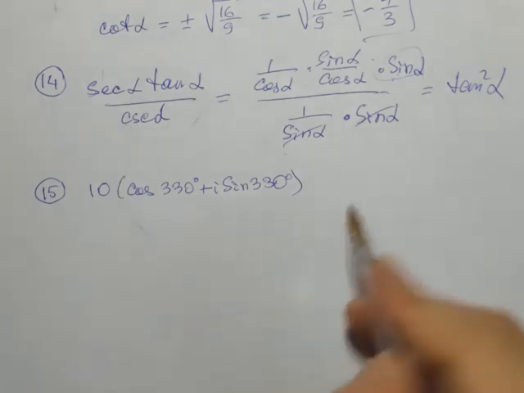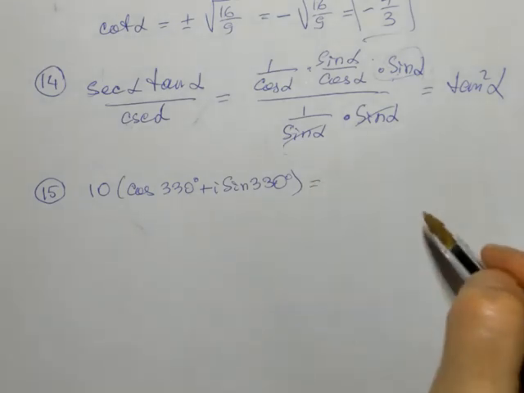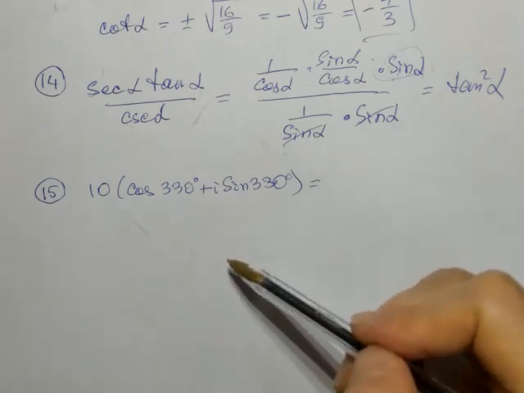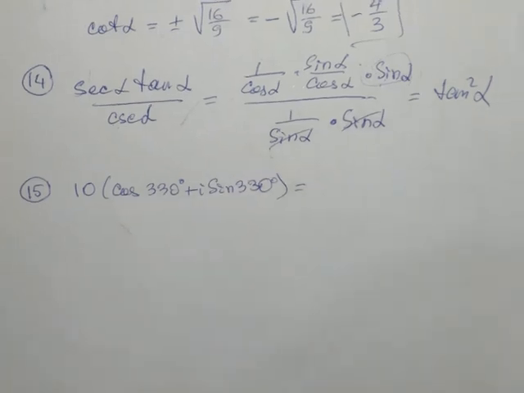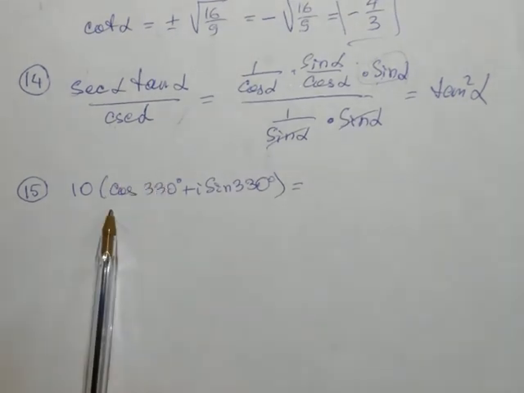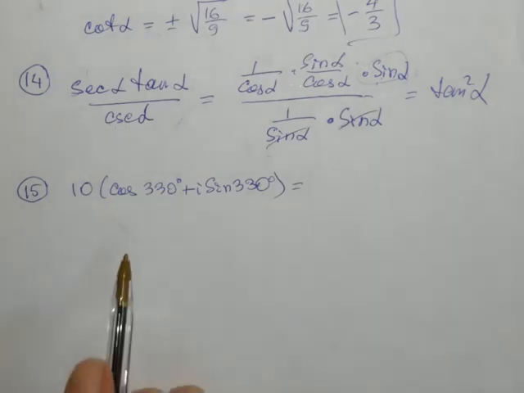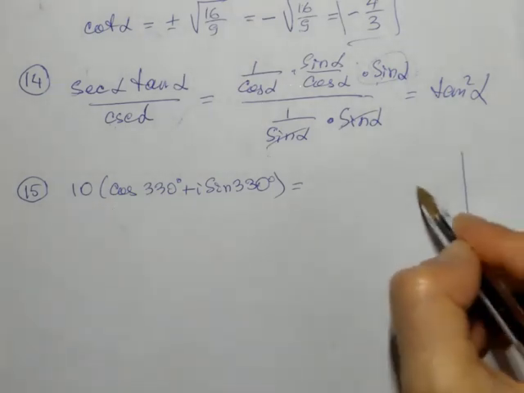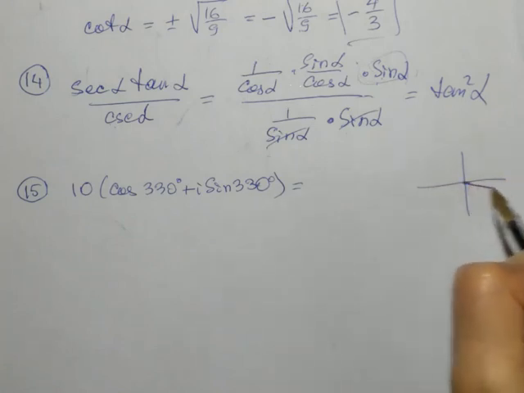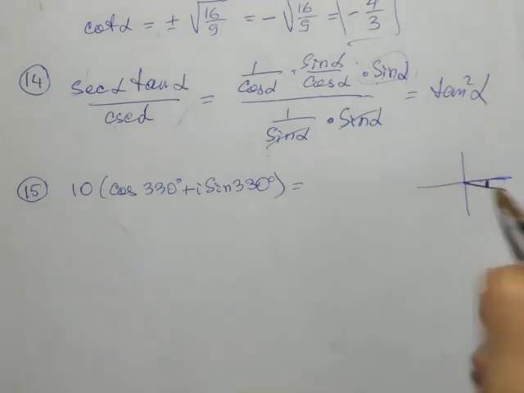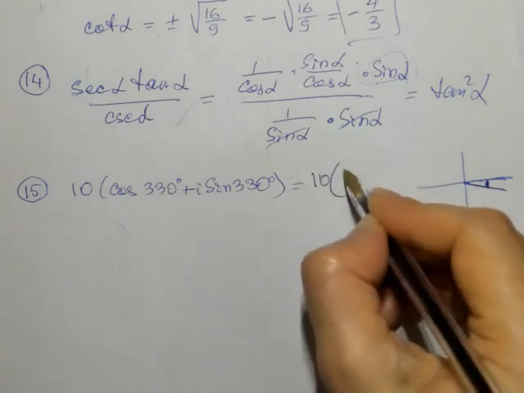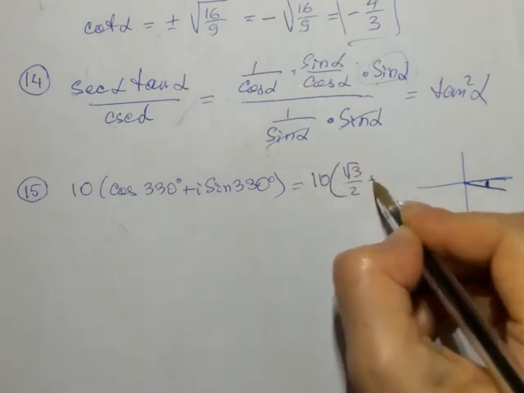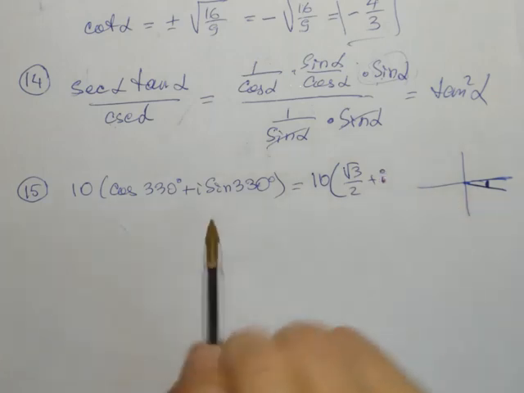And three simple problems that you're familiar with from the last exam. So 10 times cosine 330 plus i sine 330, write it in algebraic form. Just substitute the values of sine and cosine. 330 is in the fourth quadrant, with reference angle 30 degrees. So its cosine is positive square root of 3 over 2, 10 times positive square root of 3 over 2, plus i, the imaginary unit, times sine.